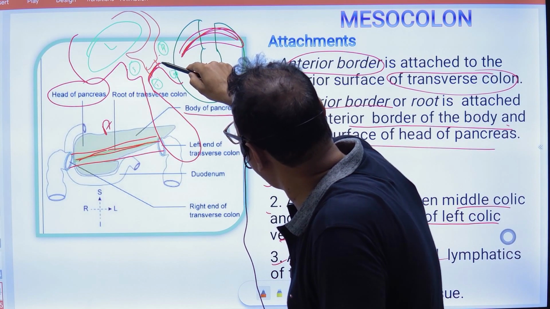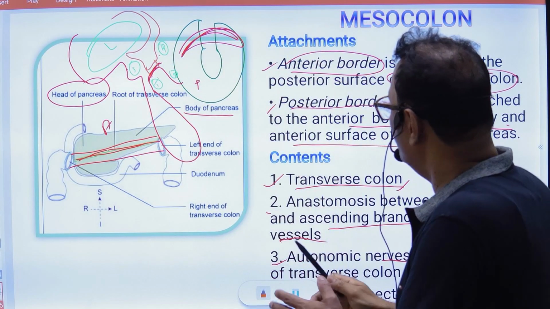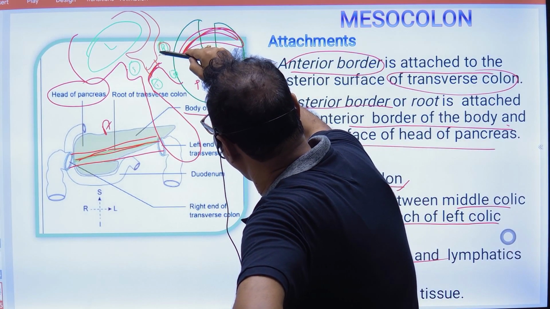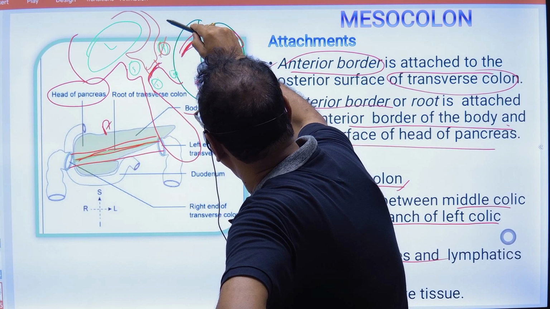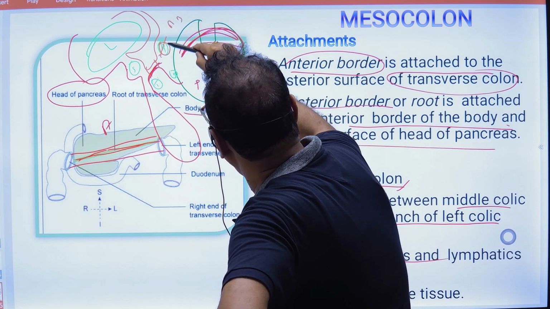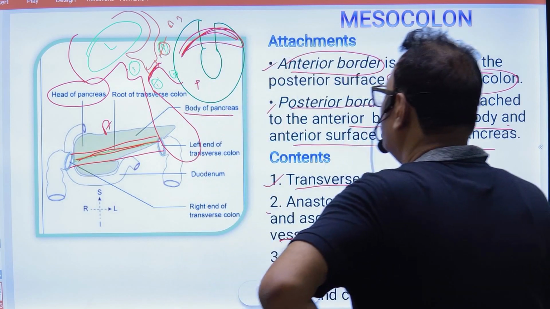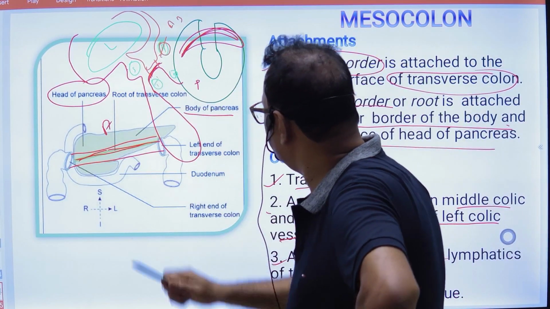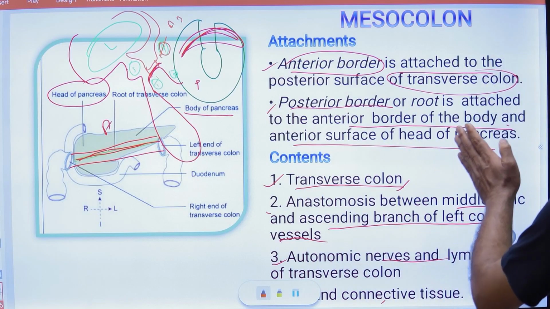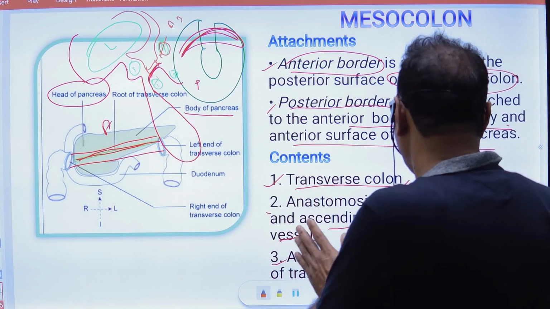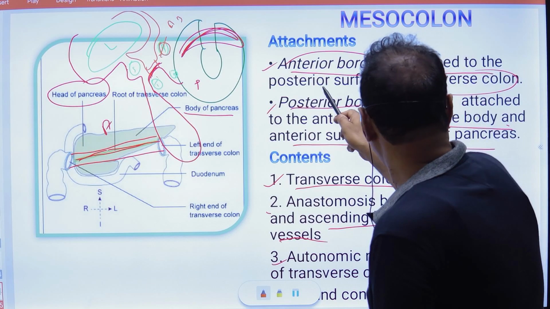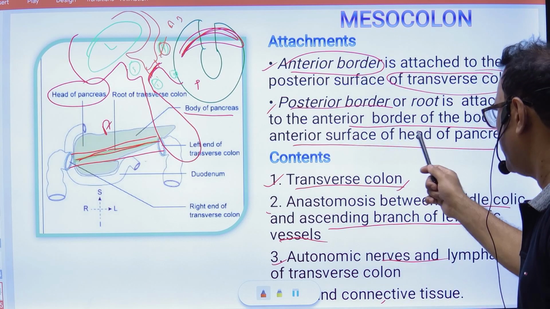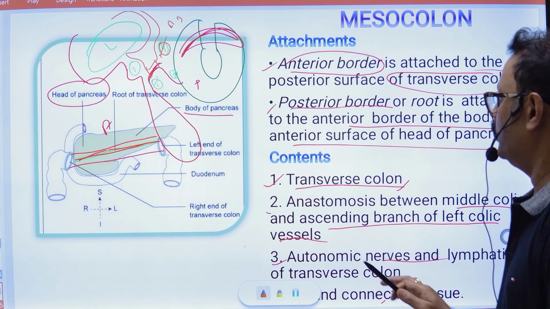The posterior border is attached to the anterior border and the head of the pancreas. So they are attached to the posterior surface of the transverse colon, and the posterior border is attached to the anterior border and the anterior surface of the head of the pancreas.